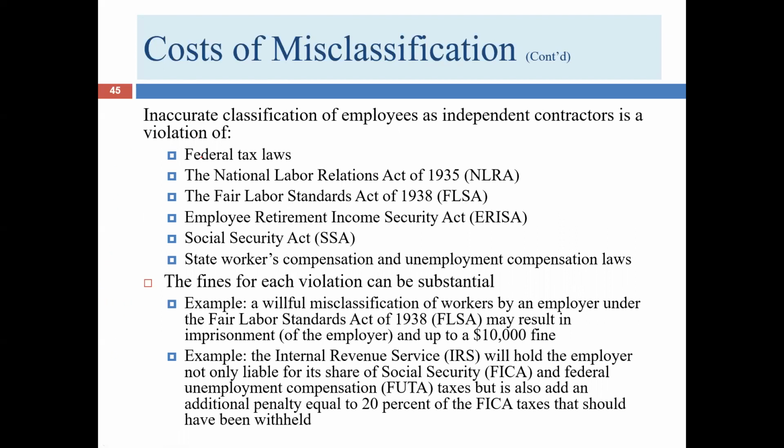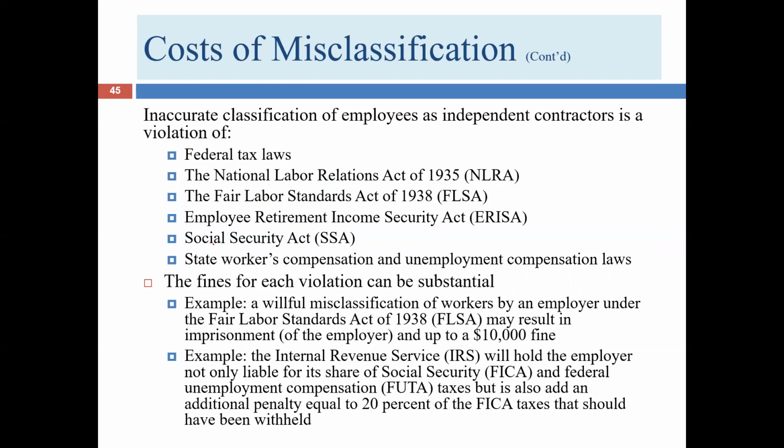You potentially violate tax laws. If there's a union organizing campaign going on, you would violate the NLRA. If you are not paying overtime to these individuals, or you're paying them the equivalent of something that falls below minimum wage, there could be an FLSA violation. There could be an ERISA violation if you're denying people certain benefits that you provide to your employees.